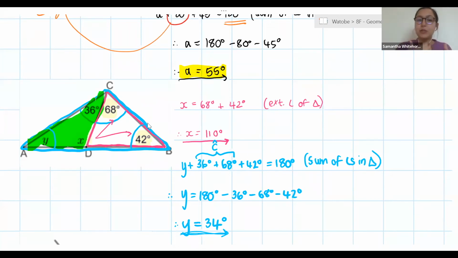Just because I was working in the big blue triangle, so in triangle ABC, doesn't mean there isn't another way to do it. As we've just discussed, you can use the smaller triangle ACD to work out angle Y. It's really up to you, making sure that you're using your reasons correctly. All right.